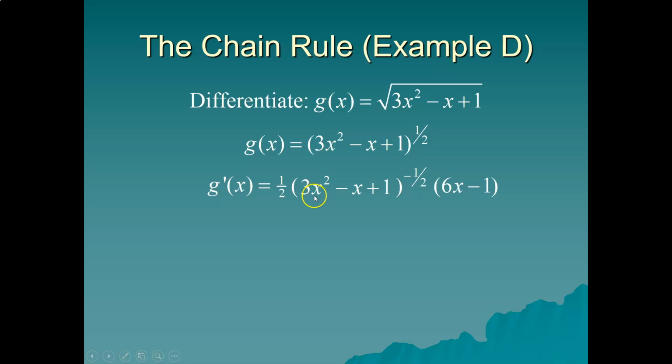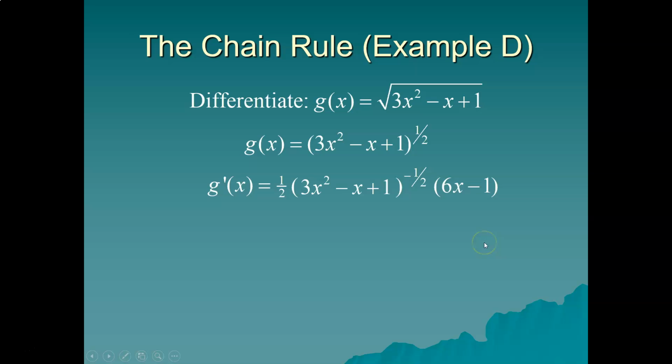The derivative of 3x squared minus x is going to be 6x minus 1. And we put that on the outside. And here, we're pretty much done. We can go further with it, but we're fine leaving it like this. And that's how we apply the chain rule. It's a function inside of a function. It's like the layers of an onion.